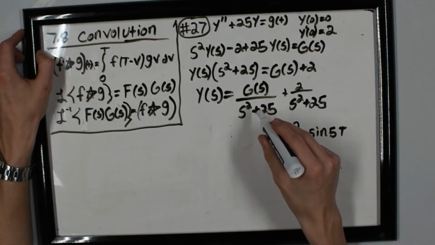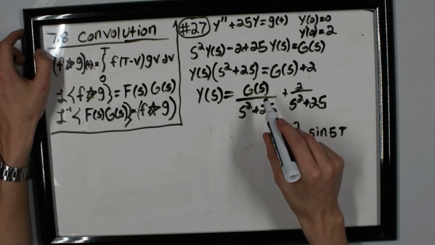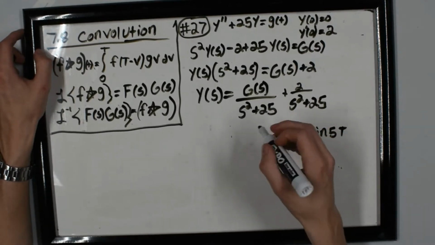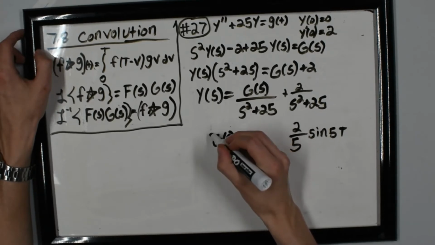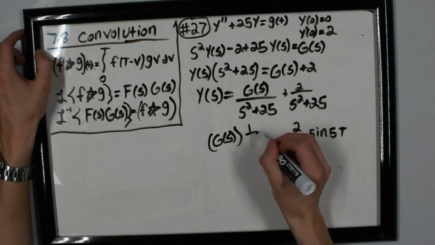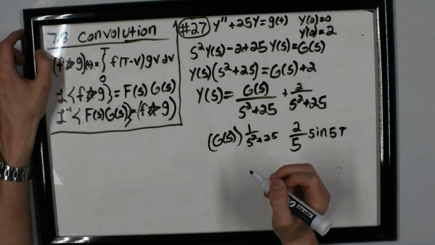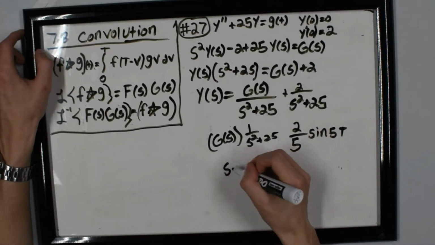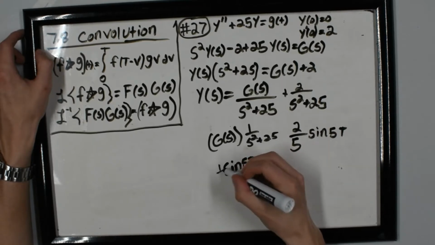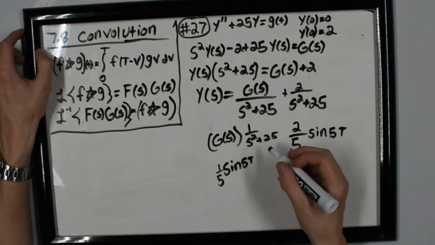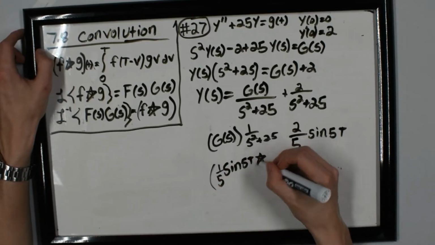And now this one, G of s, this isn't bad because it's 2 Laplace transforms multiplied by each other. We have G of s times 1 over s squared plus 25. Well, that's just the same as sine of 5t, or 1/5 sine 5t, because we need a 5 in the top, convolved with g of t.